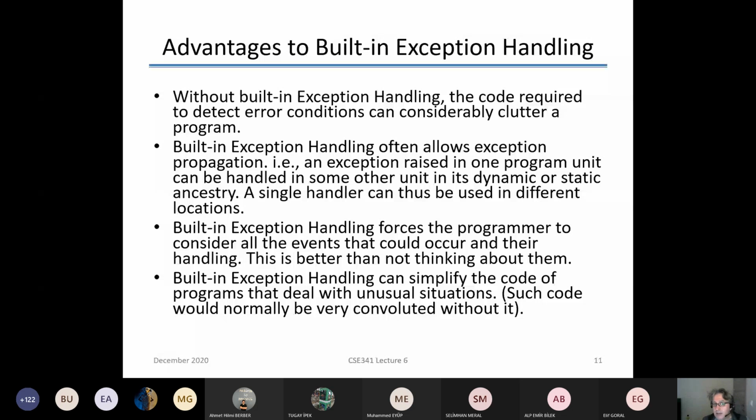Another advantage is that building in exception handling forces the programmer to consider all the events that could occur and their handling. Of course, if you do this properly in the language definition, so if something is thrown, your programming language may actually enforce the handling of that thrown or possible exception. This way you can at least ask the user to think about it and act on it, such that a corresponding handler is actually written.